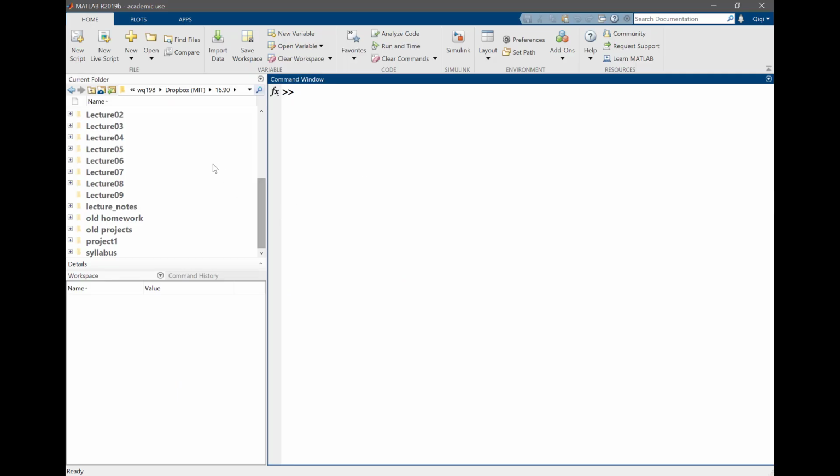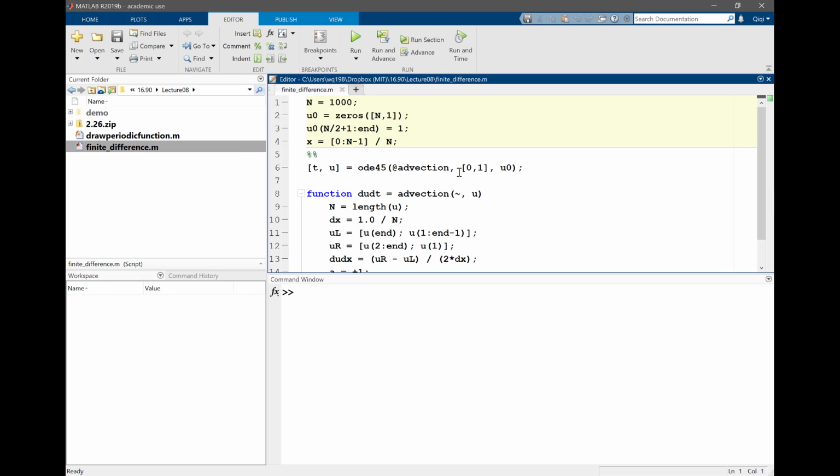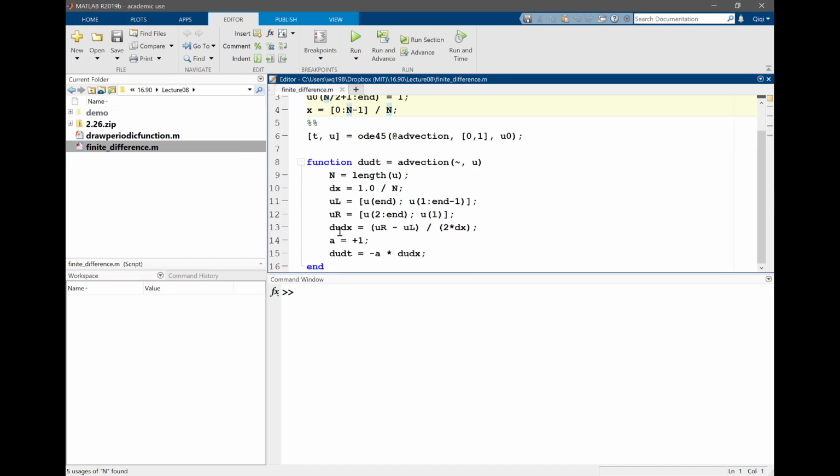To remind you, let's actually rerun what we've done in the previous lecture. We had the finite difference code, and we can change this line into different forms. What I have just commented out was the central difference. The left-sided difference would be u minus ul divided by 1 times delta x.